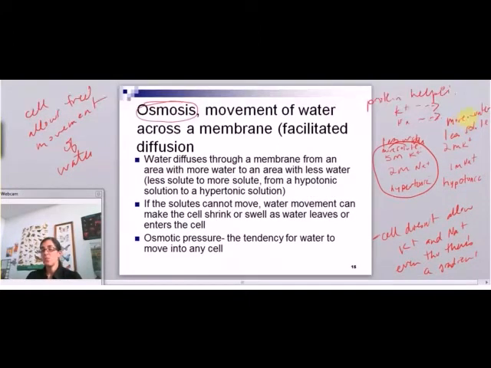Less solute means more room for water. So water will diffuse into the cell from where there's more water to less water. So water will move from hypotonic conditions to hypertonic conditions. So that's what water does.